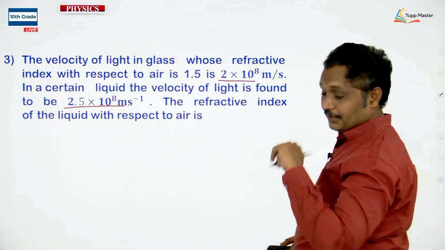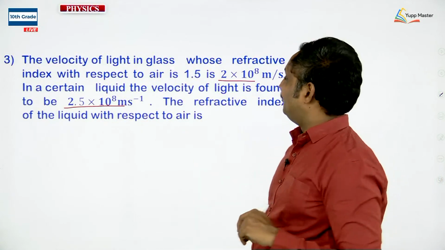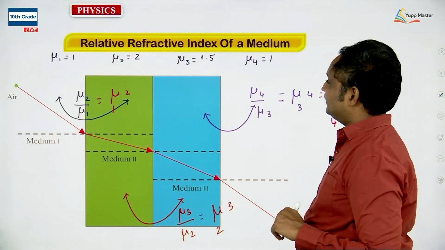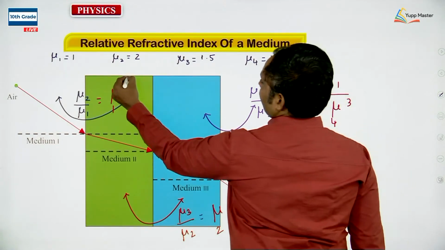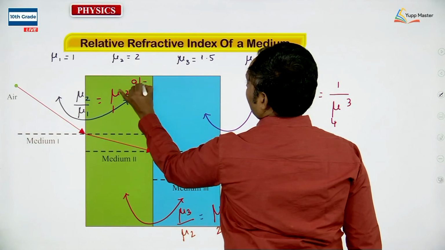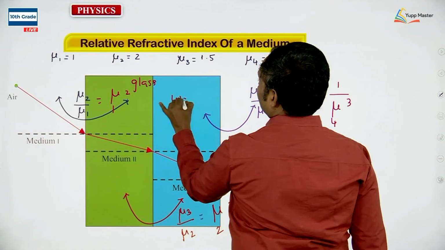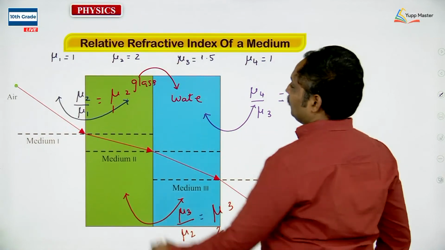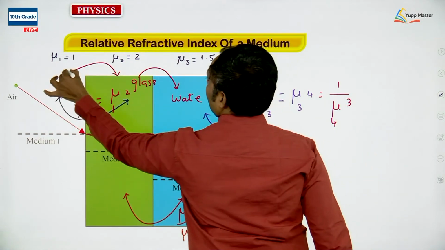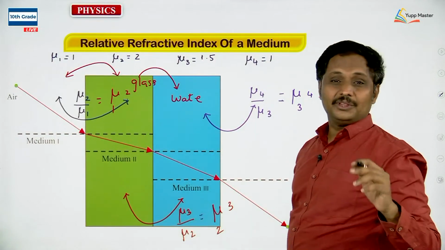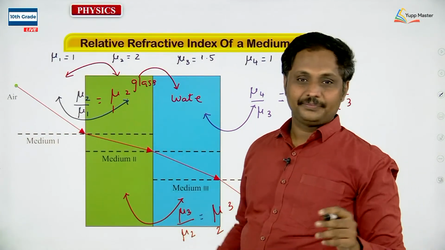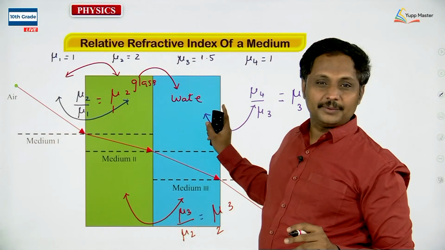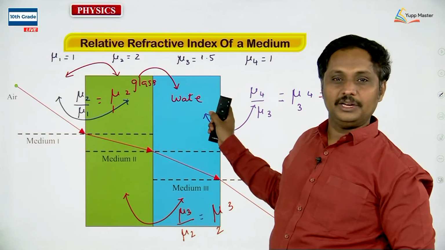These types of problems are solved with the previous discussion we have had. So simple, they have taken this glass and this water. Light enters from glass to water. You know very well the refractive index of glass with respect to air that they have given. And you are supposed to find the refractive index of the liquid with respect to the air.